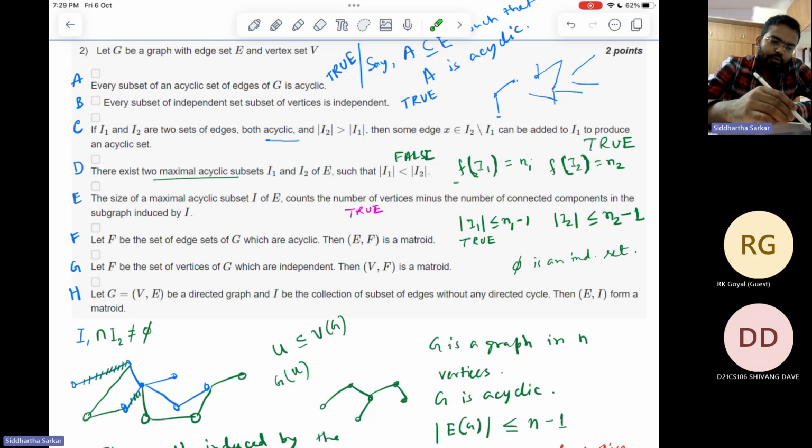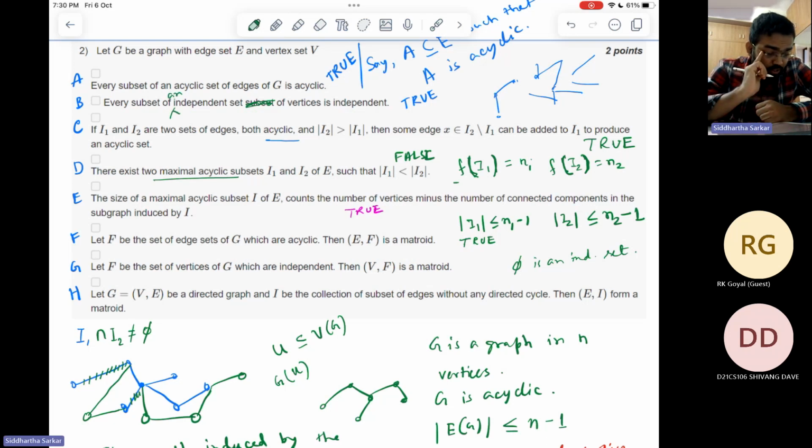So the way to verify the exchange property. First of all, the hereditary property is vacuously satisfied, because if you have a set of independent vertices, any subset of it is also independent, because we are not introducing any edges. So every subset of an independent set of vertices is independent.